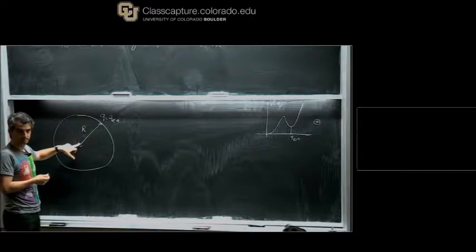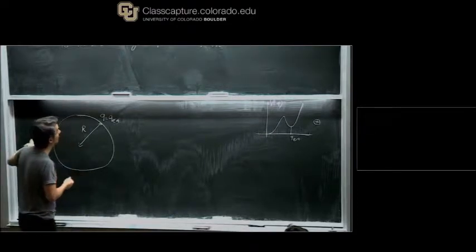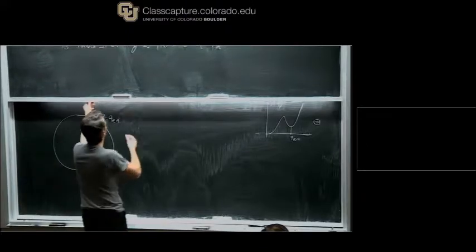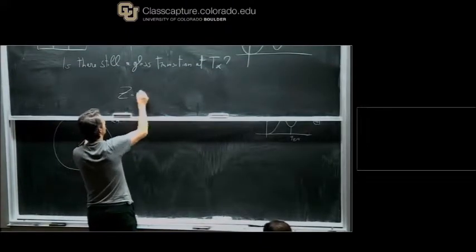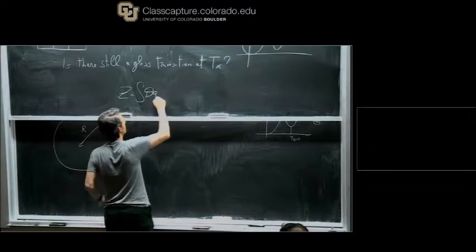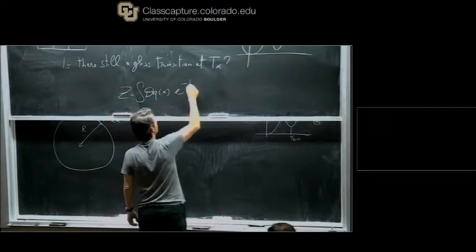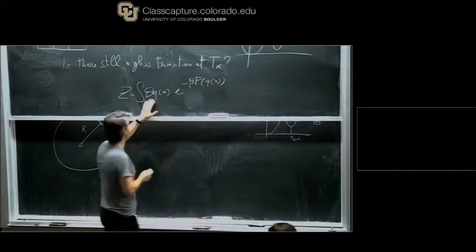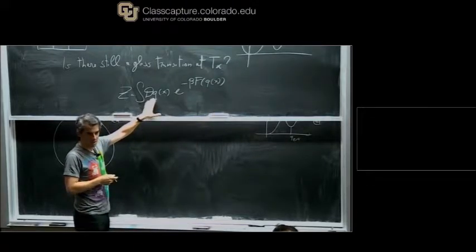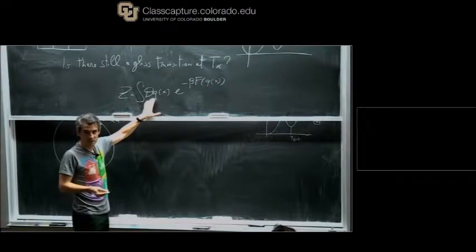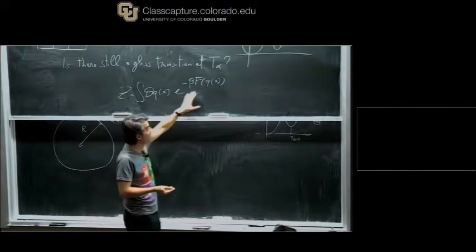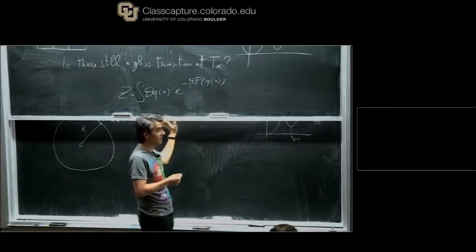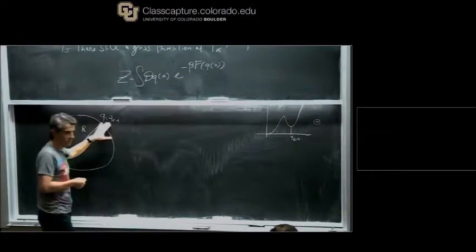In order to do this, remember, I have my partition function, which is the integral over dq of x, exponential minus beta f of q of x. So I should consider all the fluctuations of q of x. But the first thing that I will do is just minimize. I will look at the profile which is the most favorable one with this boundary condition.